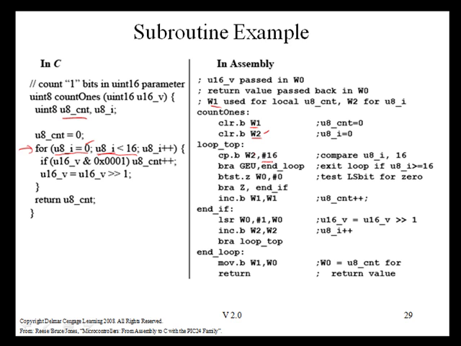We'll make that comparison. In terms of this branch, we need the false branch to escape this loop. So the false branch here is going to be greater than or equal unsigned. So we're going to do a branch on greater than or equal unsigned to the end of our loop. If we did not take that branch, then it means that I is less than 16 and we want to execute the loop body.